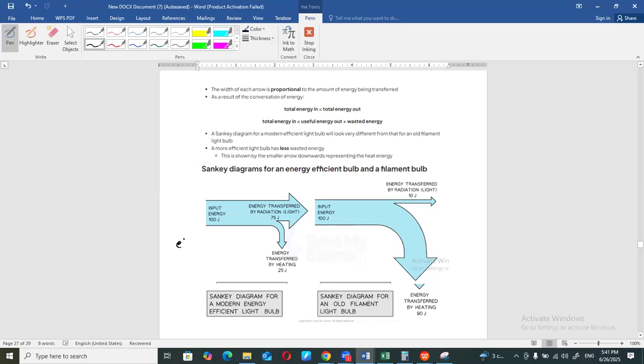Before that, we will do power, and then we have efficiency. So, what is efficiency in that case? Output energy is 75 and input energy is 100 joules. Then, as a percentage, it will be 0.75 multiplied by 100. So, it will be a 75% efficient system. On the other side, that system is a 10% efficient system. So you can simply discuss it, because that diagrammatic illustration tells you everything.